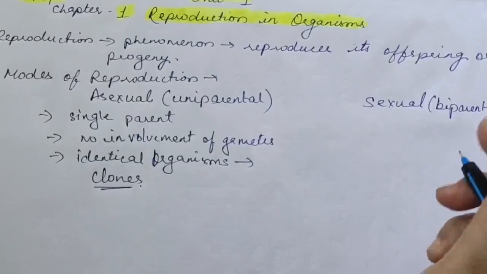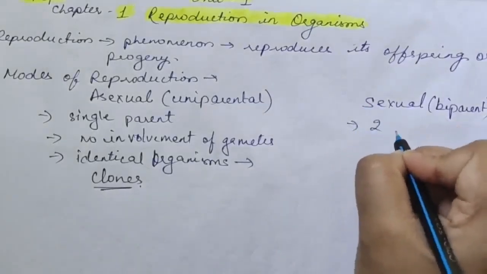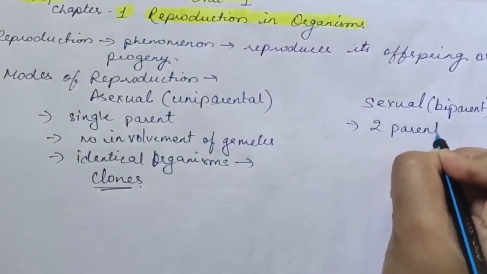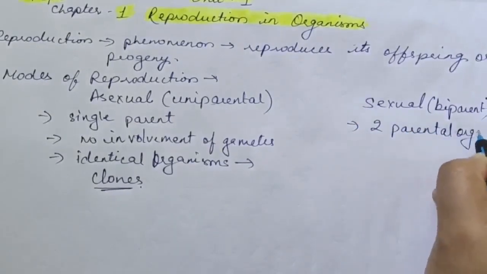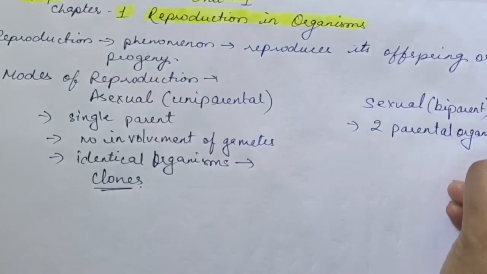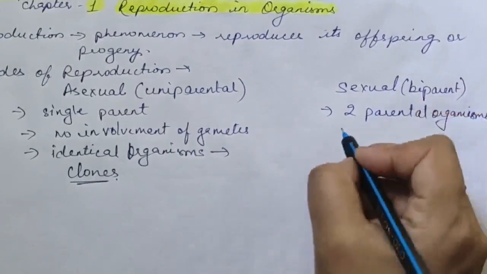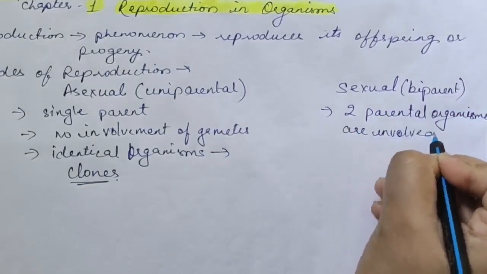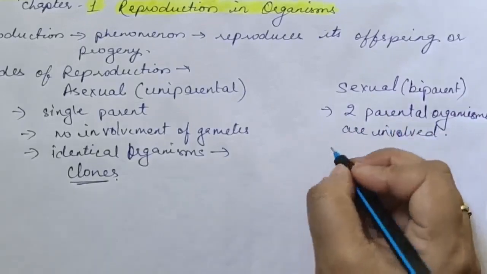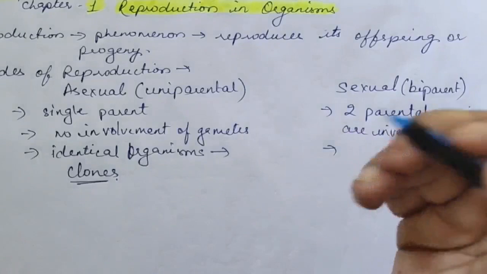Whereas sexual reproduction is a biparental method in which two parental organisms are involved. As two parental organisms are involved, there is production of gametes.